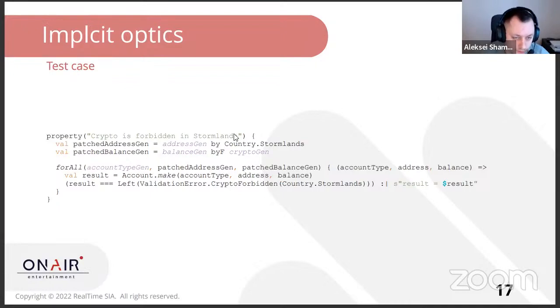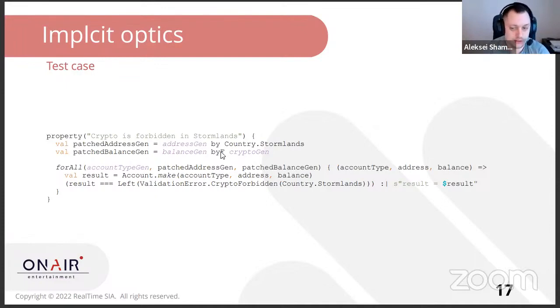So in this case, we don't really need to define our optics explicitly here, because the Scala compiler has all the information it needs in order to infer types and choose a proper optic from implicits on its own. So just a bit shorter, but nevertheless, I think it's better, even less boilerplate.